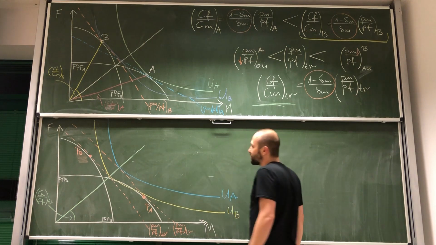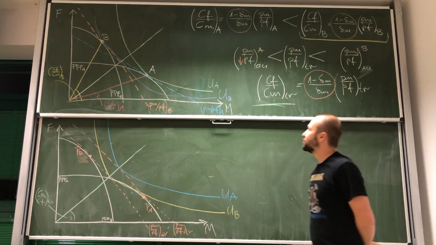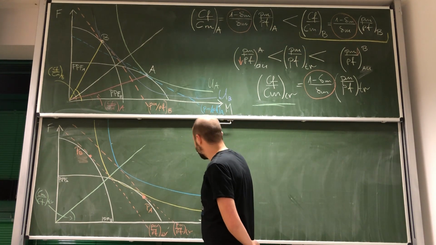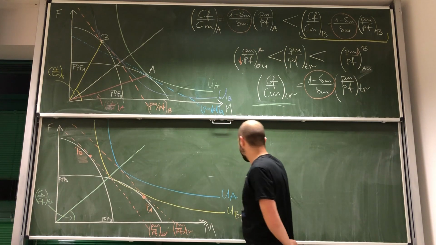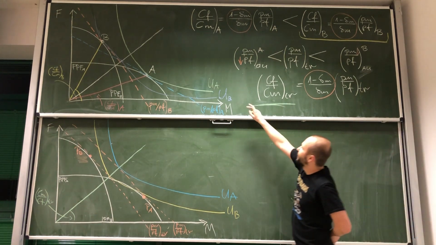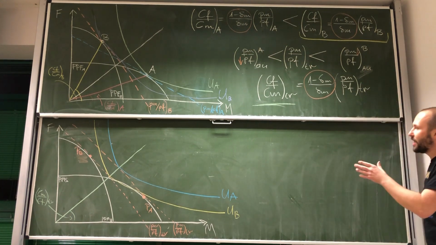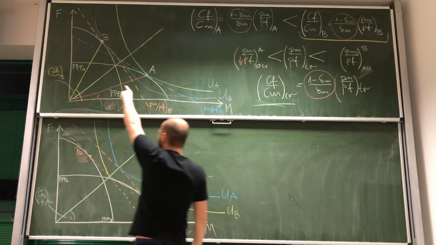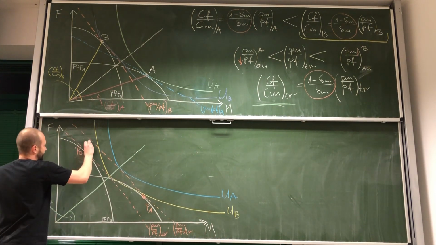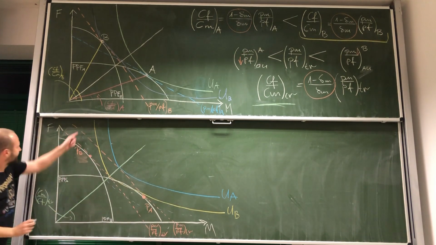Okay, before we actually go to trade flows, let me just notice some things. Look, this indifference curve in trading equilibrium is higher than this indifference curve. If you think about it, you can see it quite easily. Look, the previous one was going through this point, right? So it would be going like this, right?